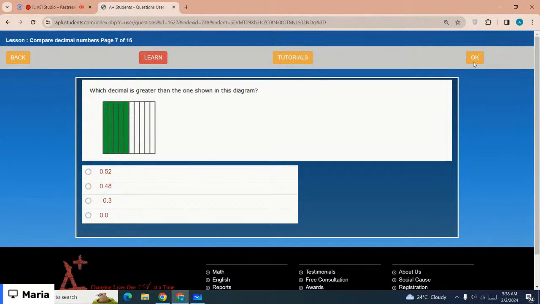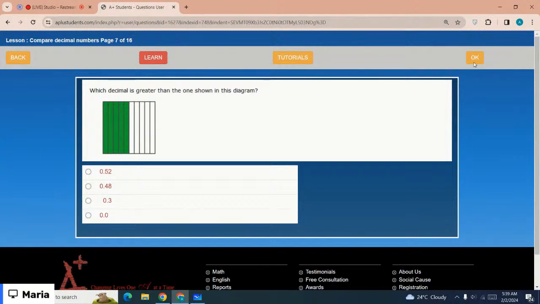Which decimal is greater than the one shown in the figure? The one that is shown in the figure is 0.5, right?